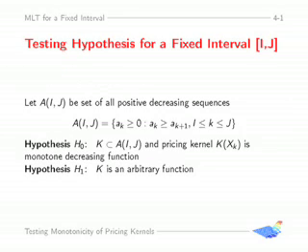Then we can formulate a testing hypothesis and construct a likelihood ratio test. For a fixed interval [a, b], let R be the set of all positive possible decreasing sequences. Then the nested or reduced model hypothesis H0: K is a monotone decreasing function, and K belongs to R on the interval [a, b]. The alternative hypothesis H1 is an arbitrary function, which includes, of course, monotone decreasing functions.